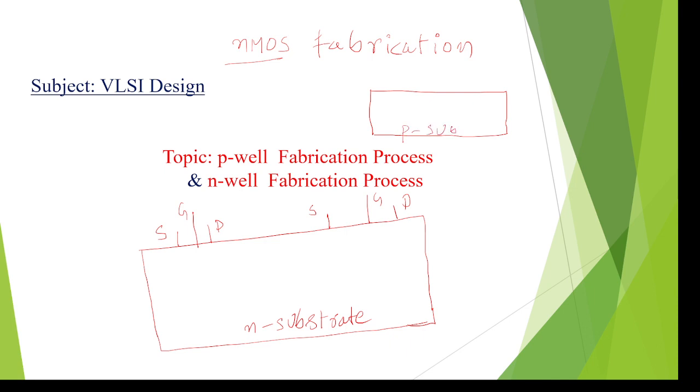That is an NPN transistor, this is N, and we deposit polysilicon material to design the gate terminal. Of course, oxidation is required. This is N and N. So only a single transistor for the NMOS fabrication process, but in the PWell fabrication process, using a single substrate, we can design two transistors at a time.